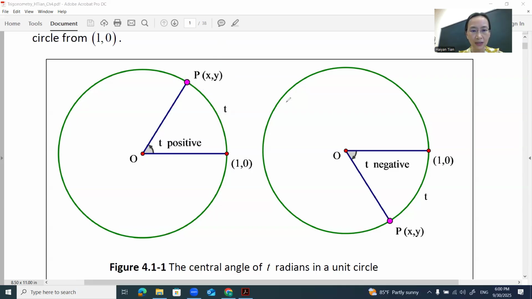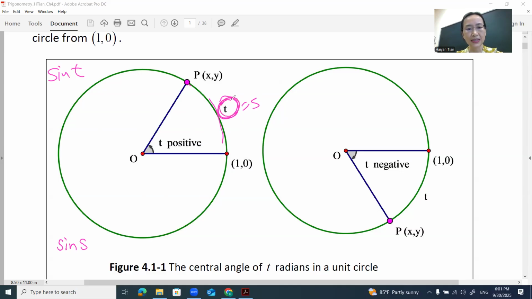It also shows that on the unit circle, the radian measure for the angle is the same number as the arc length intercepted by the angle. So whenever you talk about sine t, it is the sine of the arc length as well. Whenever we are using the unit circle, s is the same as t.